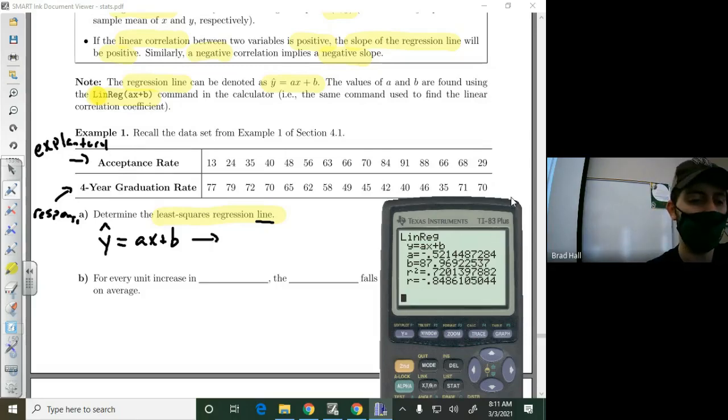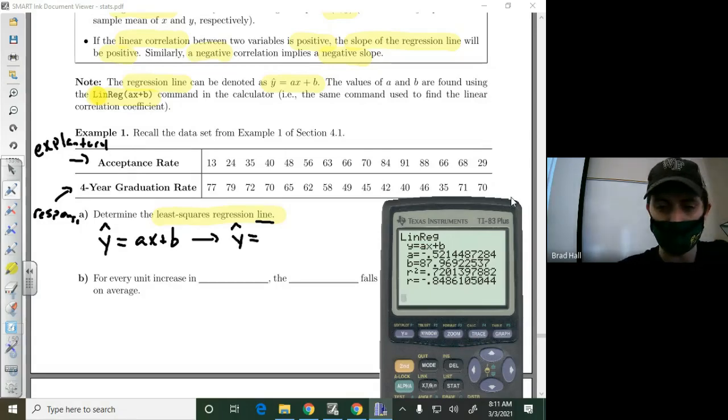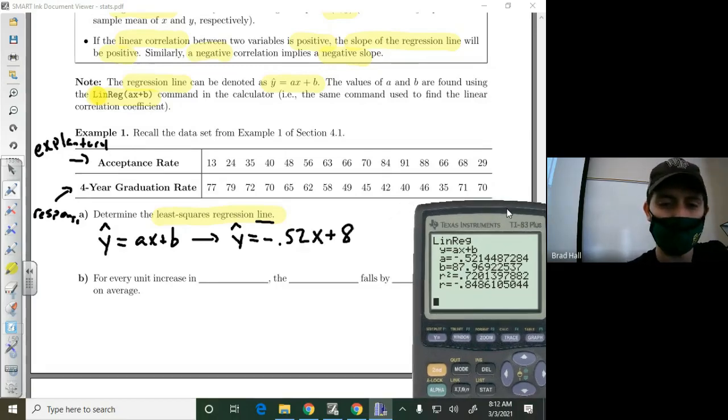So that means all we have to do is write down y hat. The A, they tell us, is negative 0.52. I'll just round it to 2 decimal places. X plus, and then the B, they tell us to be 87 point, I'll call that 97. I'll round to 2 decimal places.